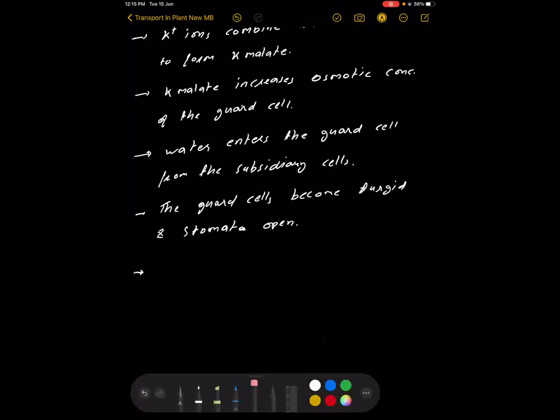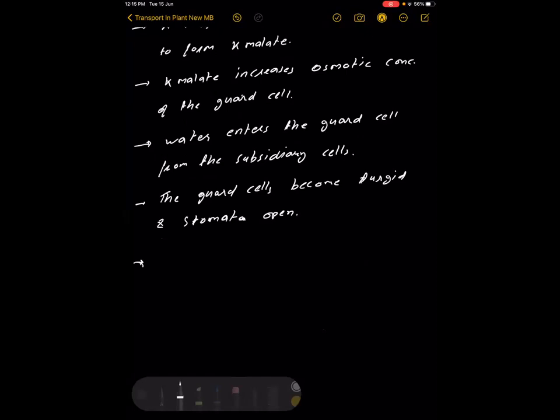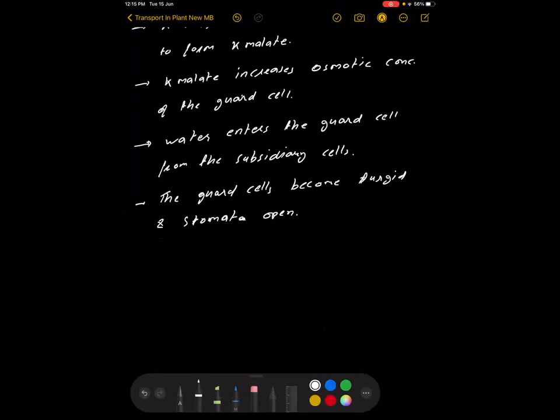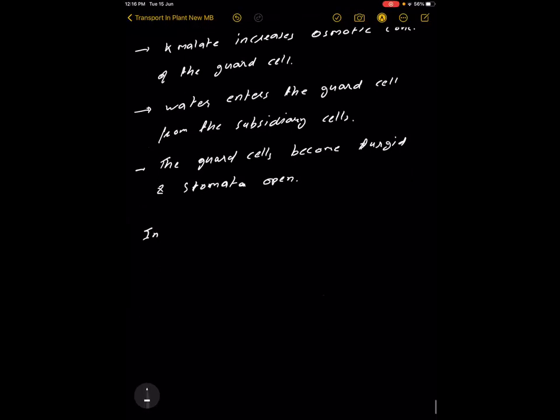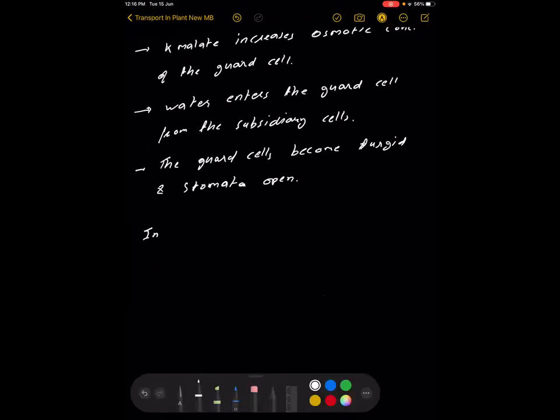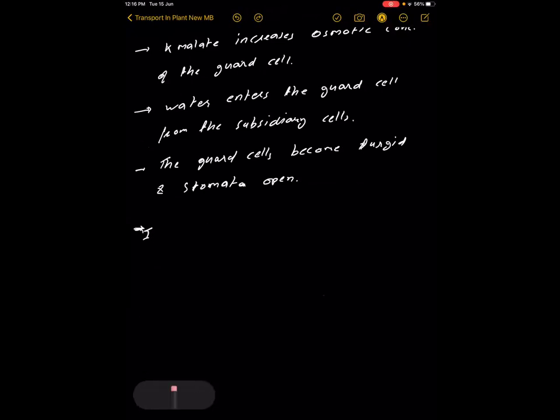Now during night, water enters the guard cell from the subsidiary cell, the guard cell becomes turgid and stomata open. Okay, fine. So in this case, endosmosis occurs. This point may be possible; they will ask which phenomenon is there. So it is endosmosis.